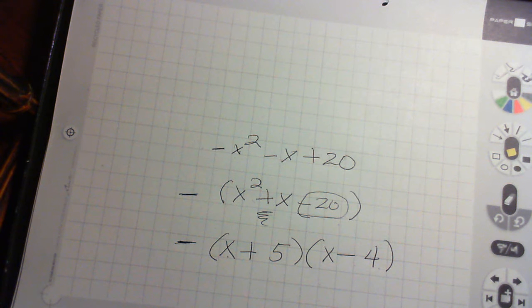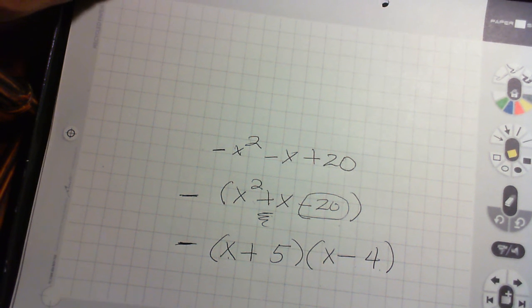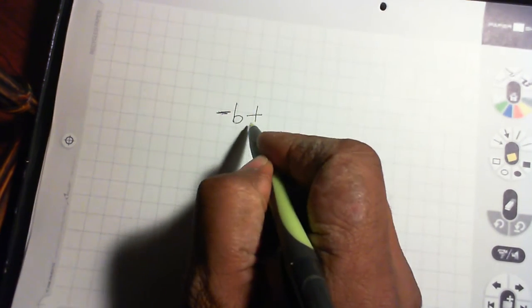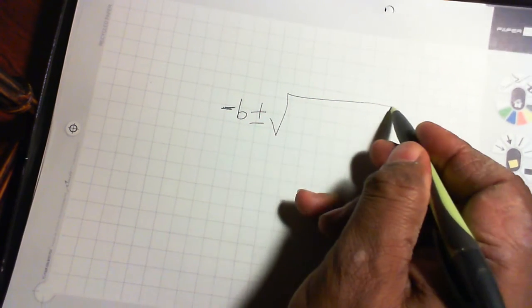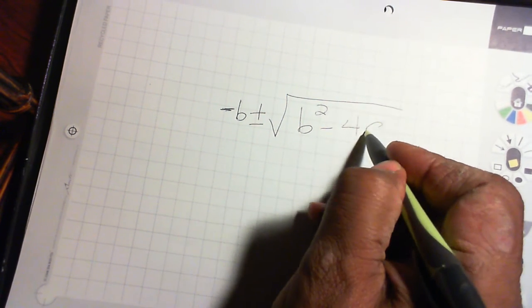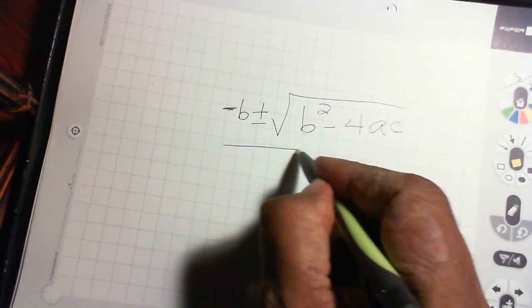Now, the other thing you can do, remember, if you cannot factor it the way it is, you can always use the quadratic formula. Remember, the quadratic formula is minus b plus or minus the square root of b squared minus 4ac over 2a.